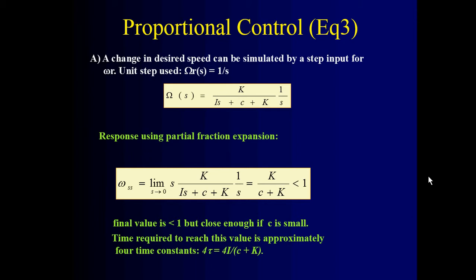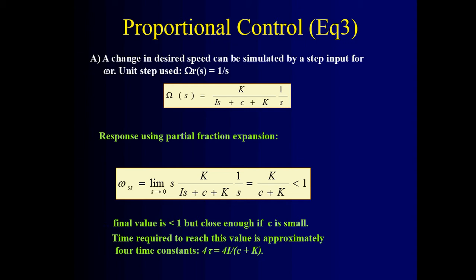So in here you will have the way you have the transfer function. You say a change in the desired speed can be simulated by a step input, which you put in here, and then this would be the final value once you calculate the whole thing. Of course, these are things that I don't want you to do by hand.